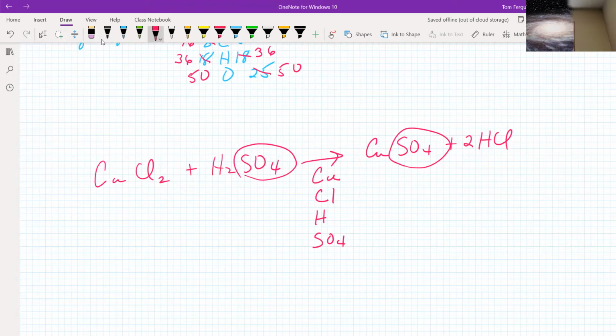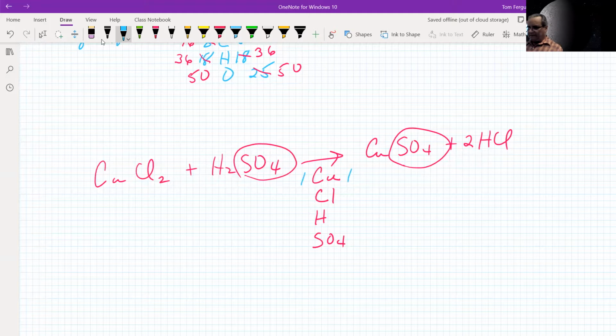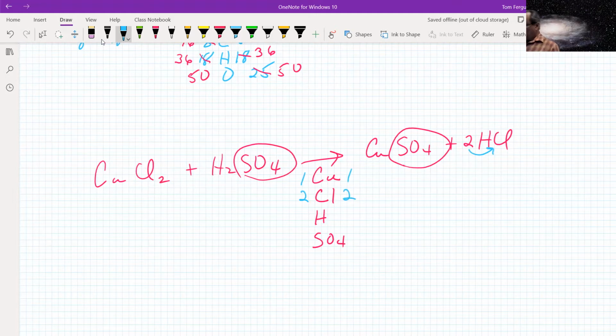Think of it like X. Okay, so copper on the left is 1, copper on the right, 1. 2 Cls, 2 Cls. 2 hydrogens, 2 hydrogens. 1 SO4, 1 SO4. So that's balanced.